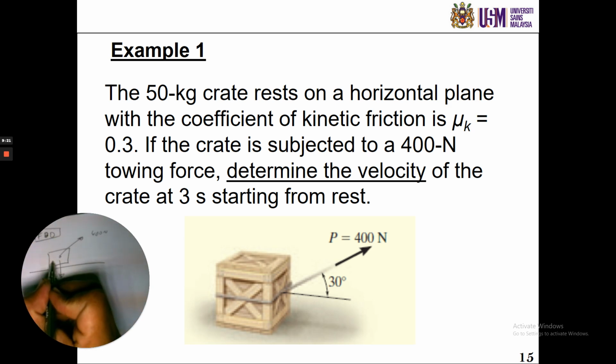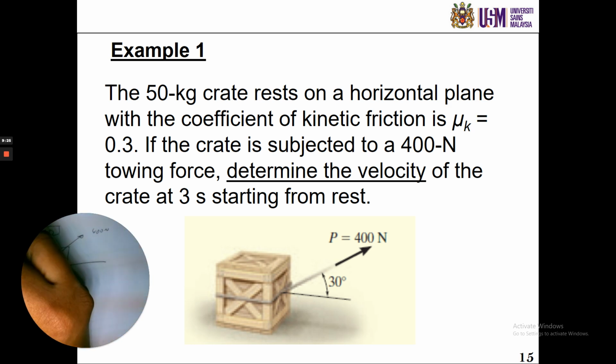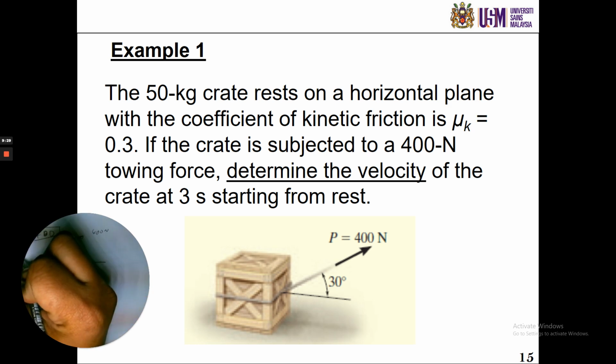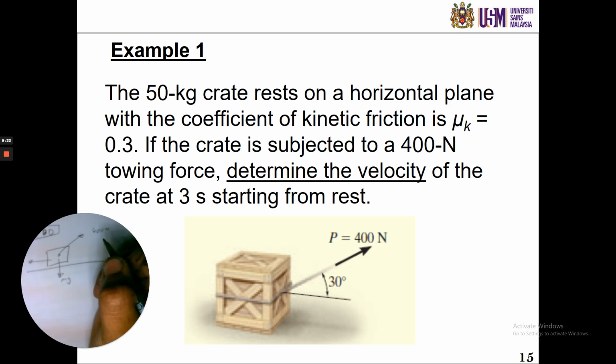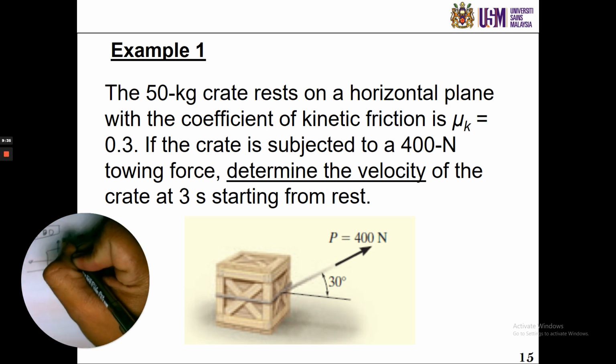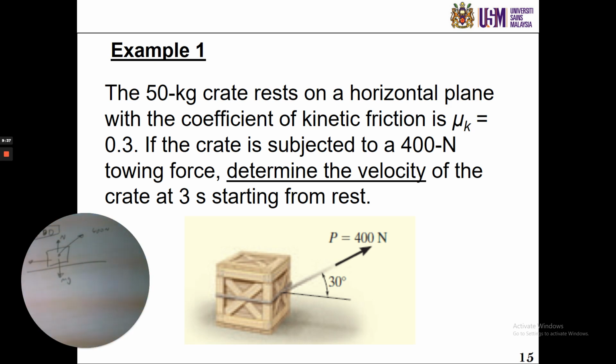The third external force is the friction, where friction equals mu_k times N. And lastly is the normal force applied to the box by the floor. Is there any more? I don't think there's more.